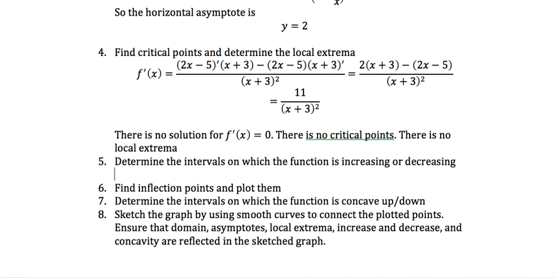Now we need to determine on which interval the function is increasing and on which interval the function is decreasing. We know on the interval where the first derivative is positive, the function will be increasing, and on the interval where the first derivative is negative, the function will be decreasing. Now you notice the first derivative, 11 over (x plus 3) squared, is always positive. So this function should always increase on its domain.